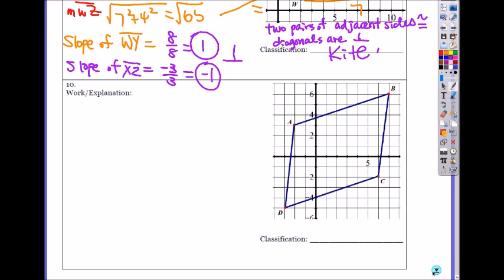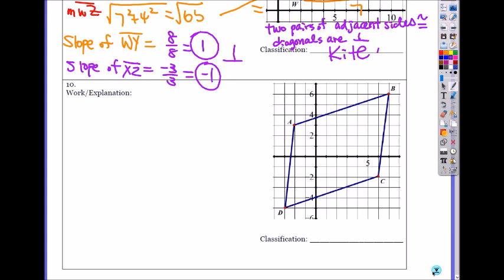But would this be a rhombus? Let's look at the sides, and if it has all equal sides, it's a rhombus, not a parallelogram, because you have to give the most accurate name. If only opposite sides are congruent, then you can say it's a parallelogram.